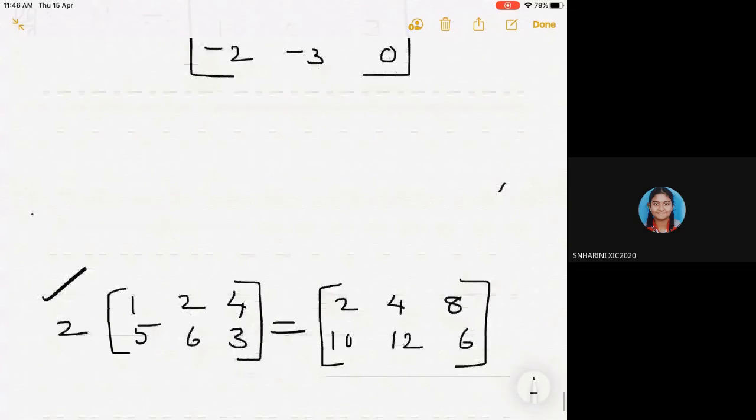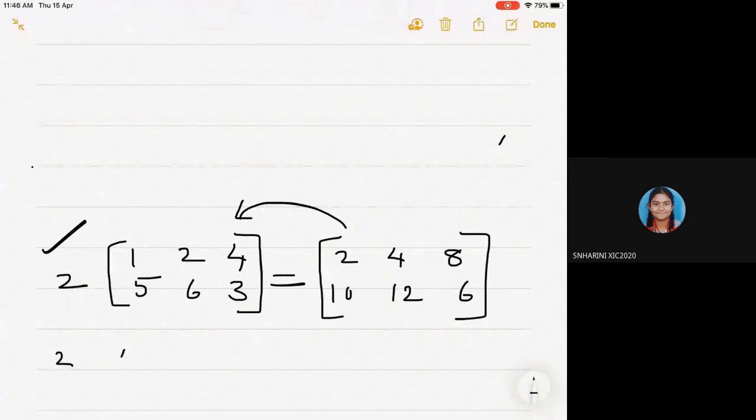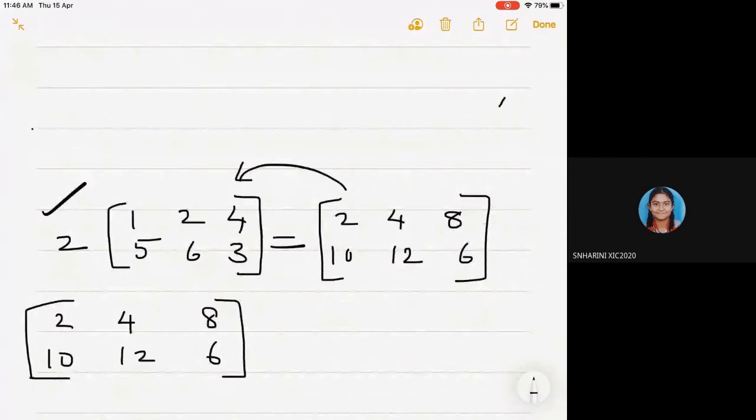Now think in the reverse order. Suppose you are given the matrix 2, 4, 8, 10, 12, 6. You can see that 2 is a factor in every element of this matrix.